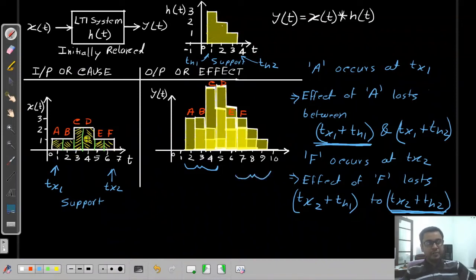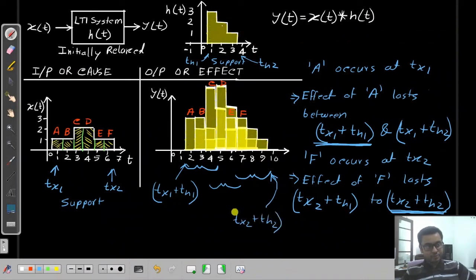Effect of any middle part will be somewhere here. This is tx1 plus th1, and this point is tx2 plus th2.